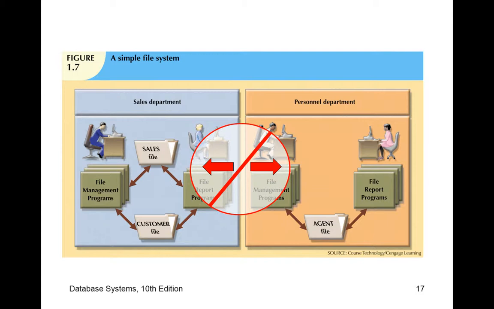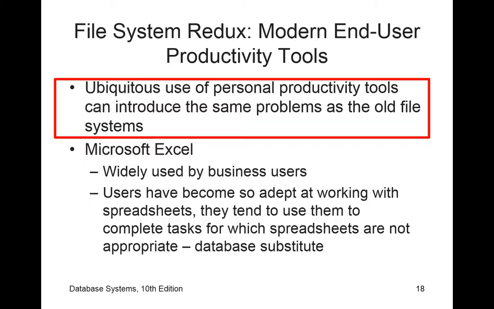There is no communication between the two databases, and then it becomes hard for this end user to talk to this end user, because what they may refer to as an agent file here and an agent, they may refer to something totally different over in the customer file. So from these simple file systems, we learned that we needed to consolidate everything, and we're pretty much still agreed upon that today.